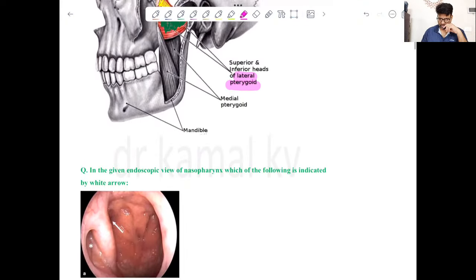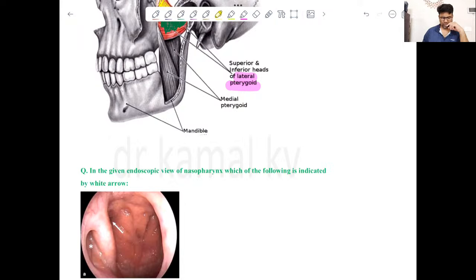Now the next question: there is an endoscopic image of the nasopharynx, and one structure was marked with a white arrow. Can you identify that? What is this structure? Yes, anyone?